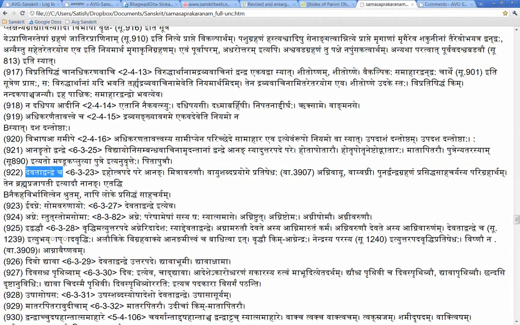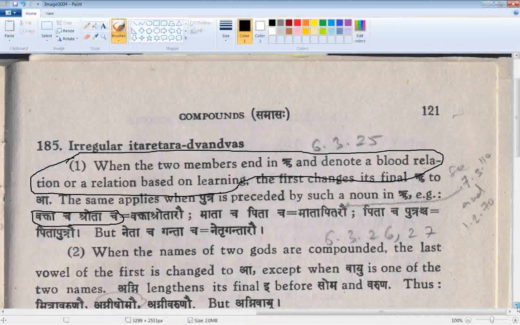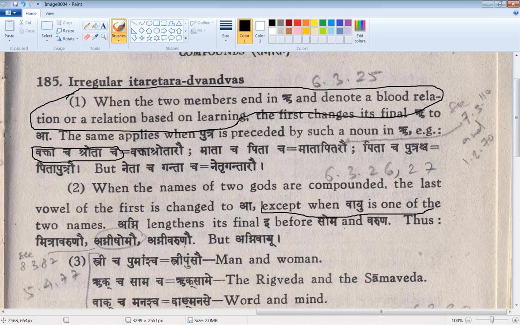Coming back to the textbook again, which you've been following, the second point here is that when the names of two gods are compounded, we had that, and then he says except when Vayu is one of the two names. Whether it is the prior name or the following, in either case, when Vayu is one of the two names, then we cannot use this sutram.